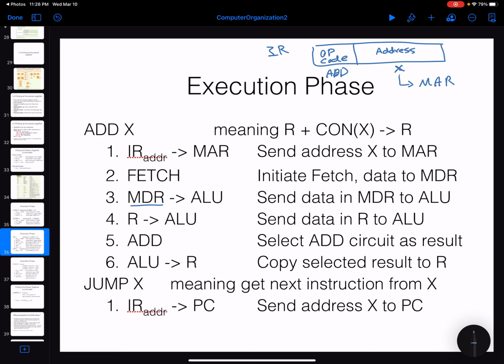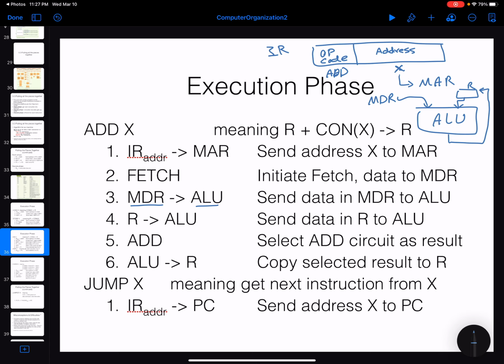So the value of MDR will be sent to the ALU. The value of the register R will also be sent to the ALU, and the output will go back and be sent to the register R as well.